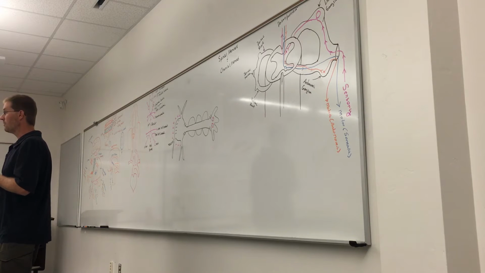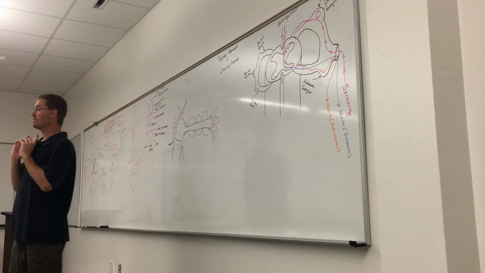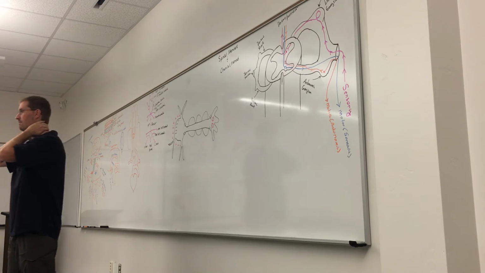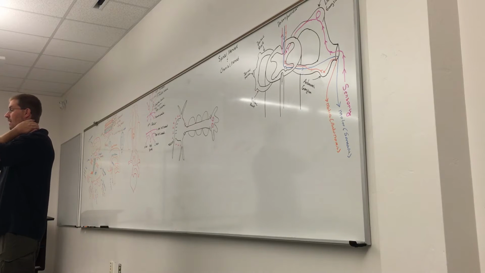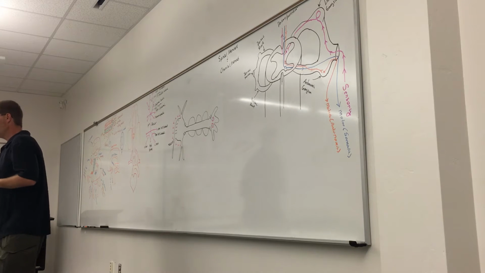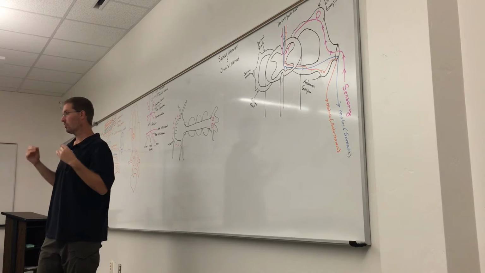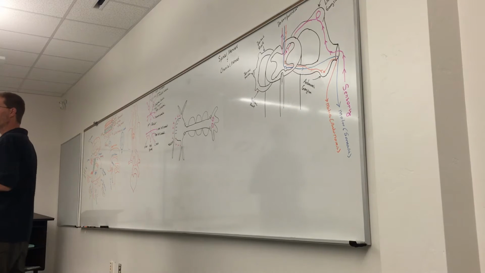There's a mechanism that allows that if the posterior fails, there's a way for anterior circulation to get to the posterior. And that backup is what's known as the circle of Willis.